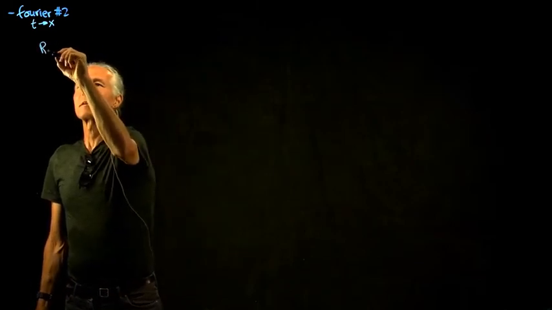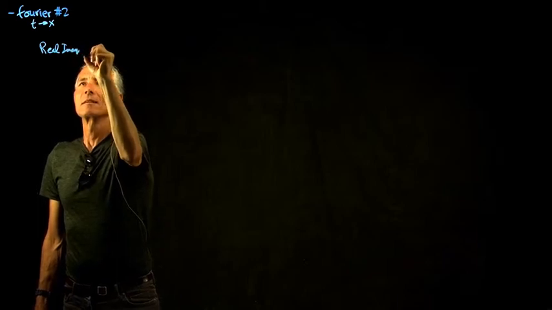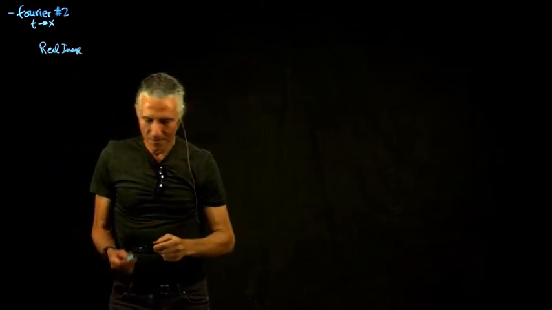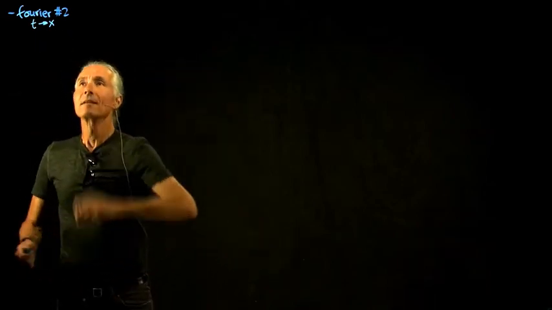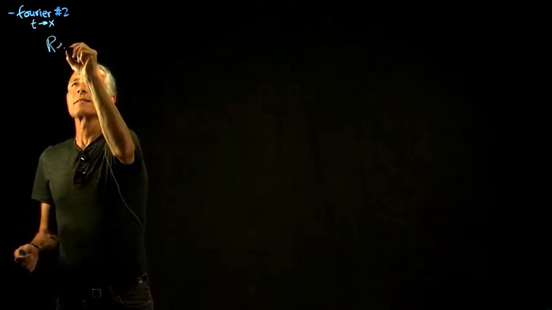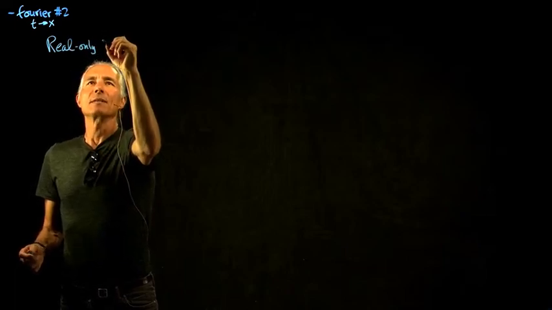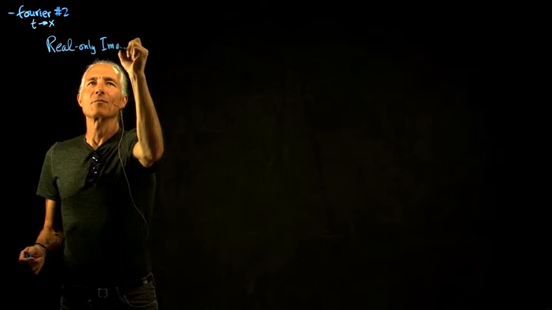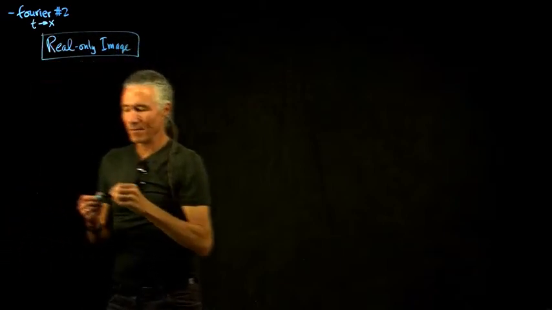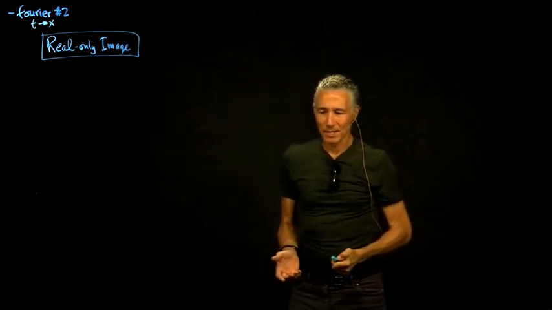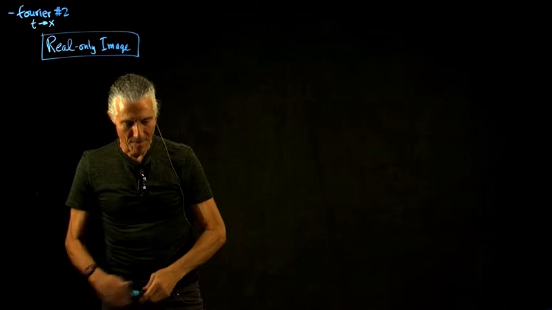So here's our real image. This is the case of a real only image. I don't mean the real component, but if we have something like a brain that doesn't have an imaginary component, it just has a real component to the complex number of the image.